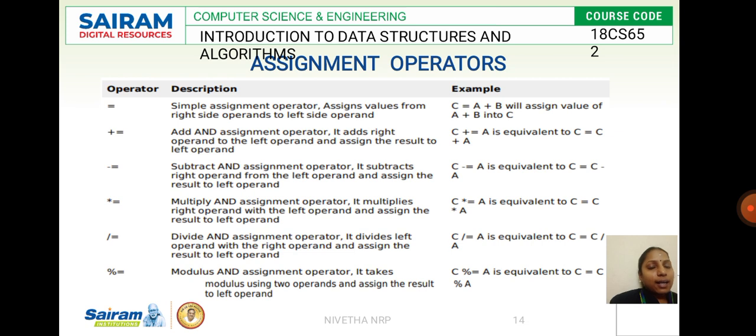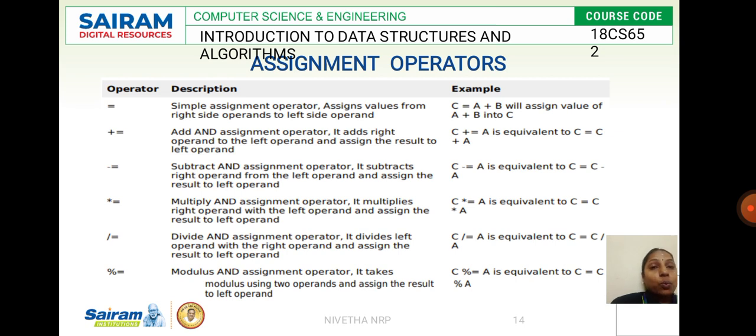Next, add and assignment. If it is plus equal to, you are going to add, increment, and assign. Minus equal to is going to decrement and assign. Multiply equal to is going to multiply and assign.